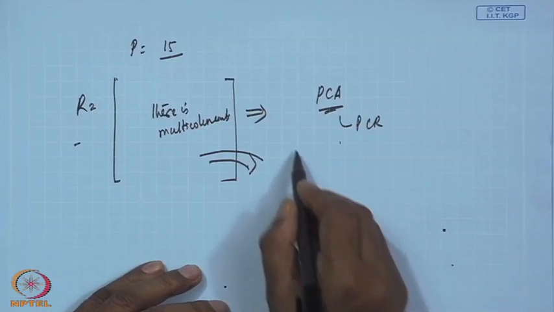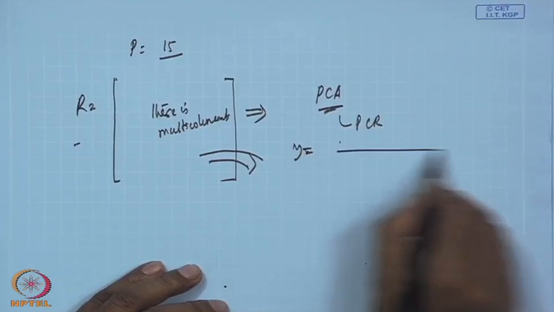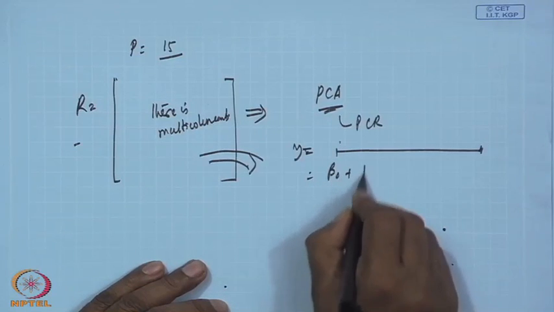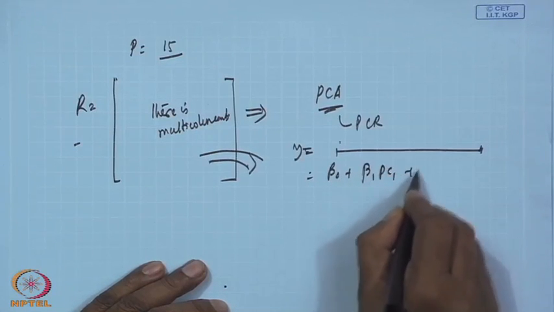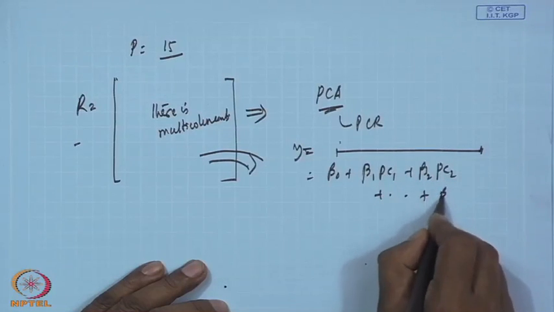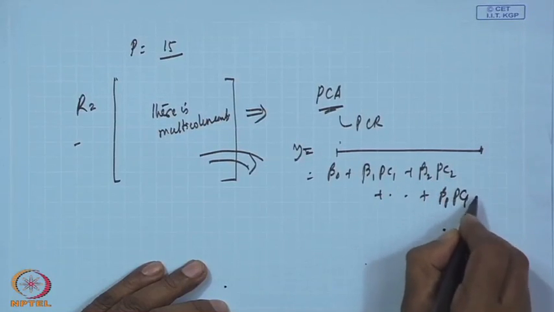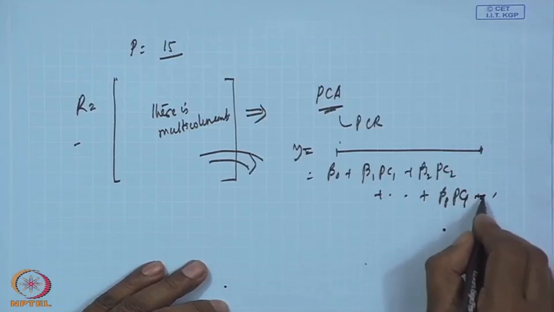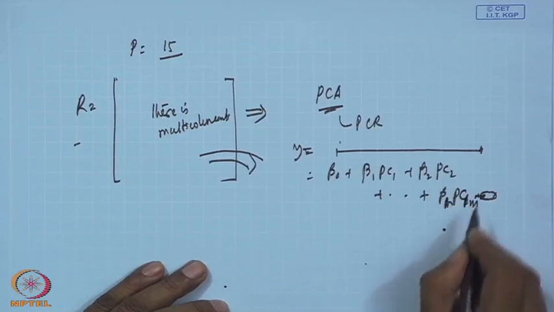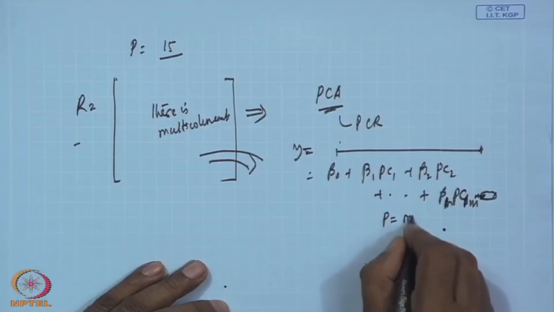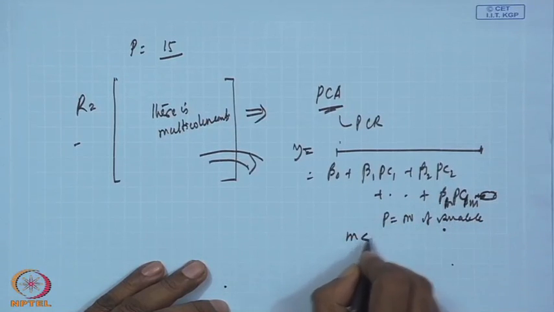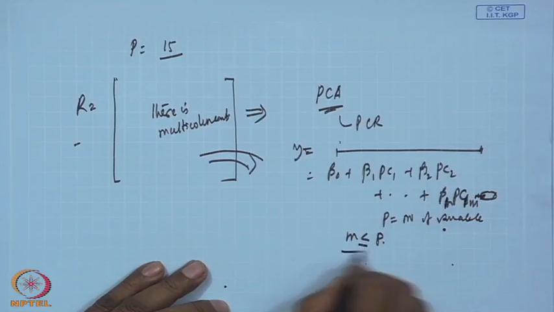Then for y, you find the regression line: beta 0 plus beta 1 PC1 plus beta 2 PC2 and so on. It will not go up to beta p PCP, we will go up to beta m PCM, where p is the number of variables and m is definitely less than or equal to p.